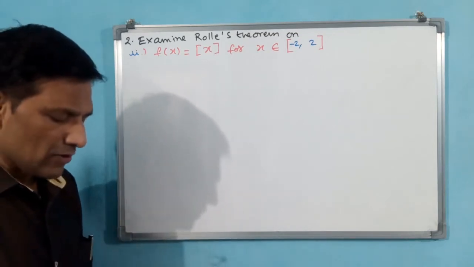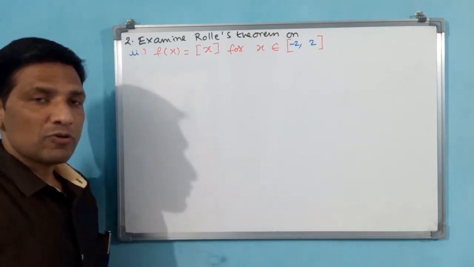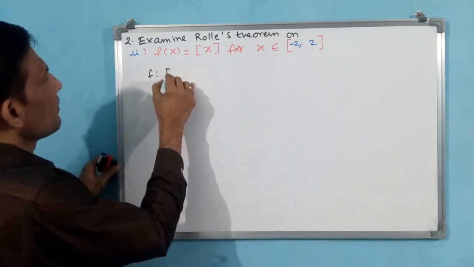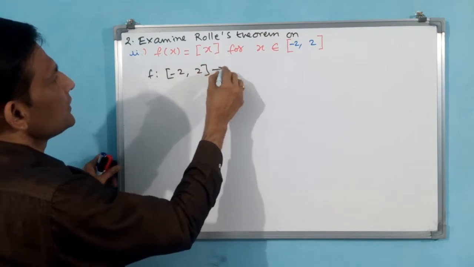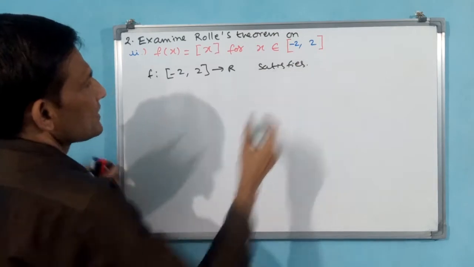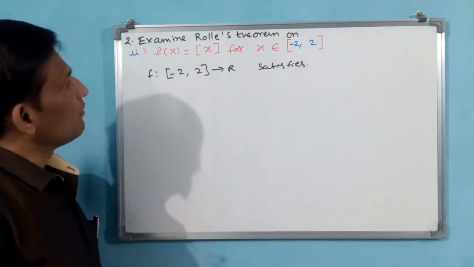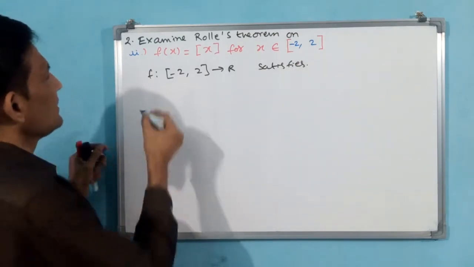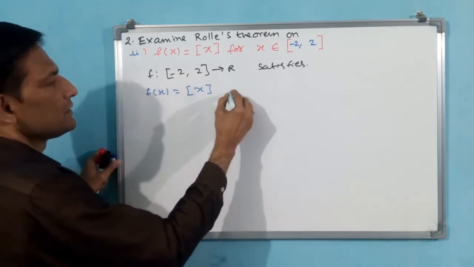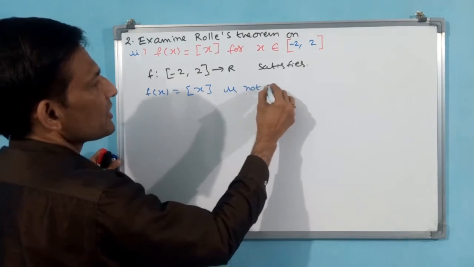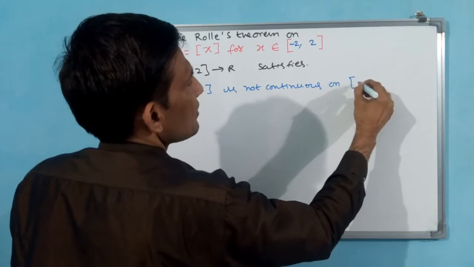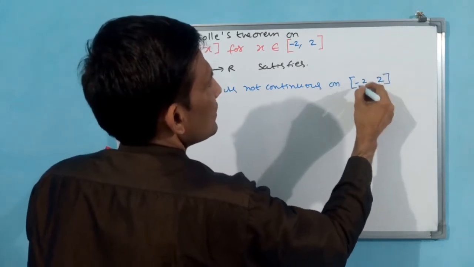But the procedure you have to follow. How to write? First of all, write like this: f from minus 2 to 2, real number, satisfies. Okay, this condition of Rolle's theorem is satisfied. But next you write: f of x is equal to greatest integer x is not continuous on minus 2, 2.